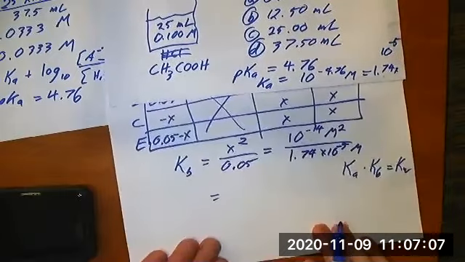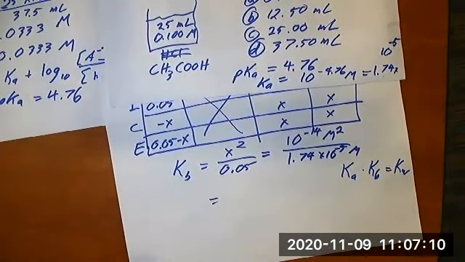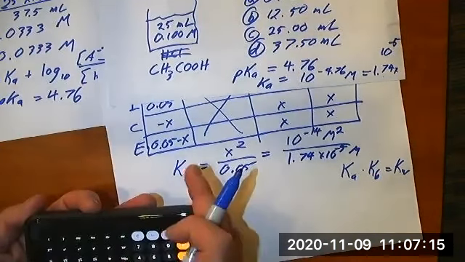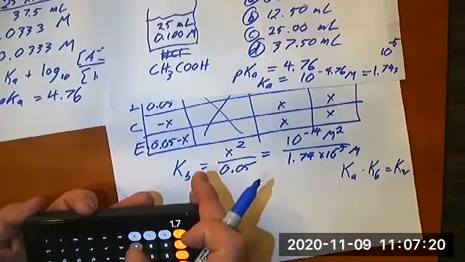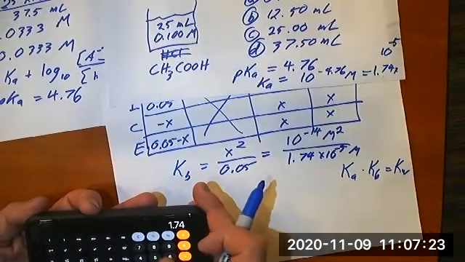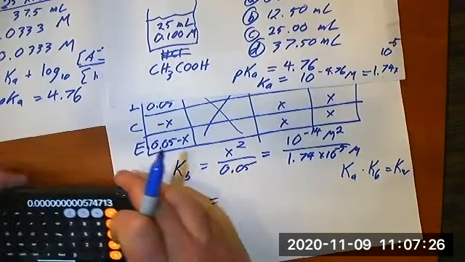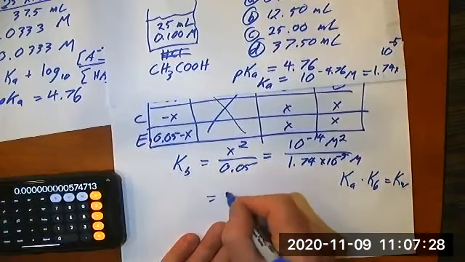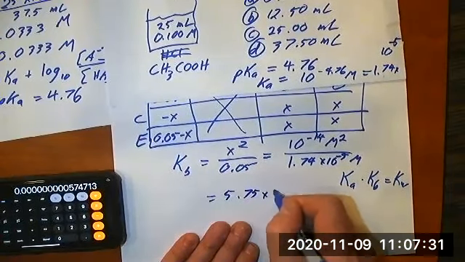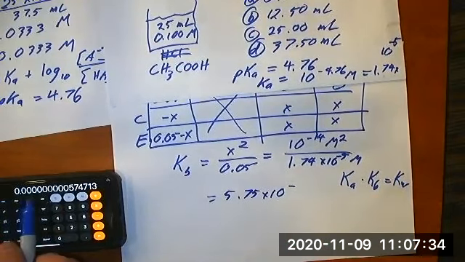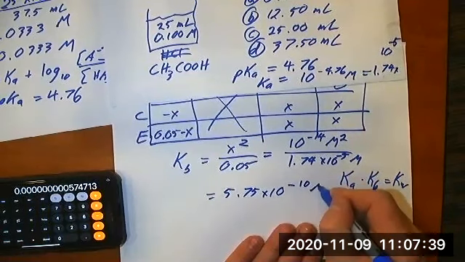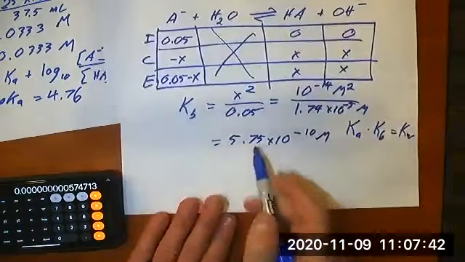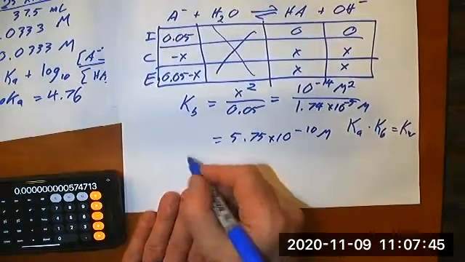So our Kb is going to be 1e-14 divided by 1.74 times 10 to the negative 5th, and we get 5.75 times 10 to the negative 10 molar. So we multiply through by 0.05.